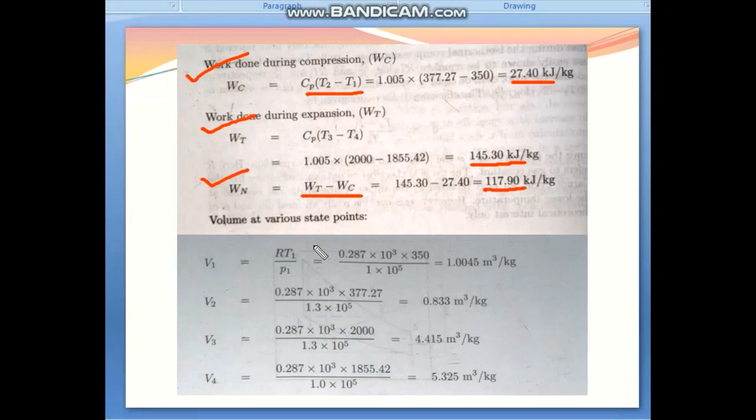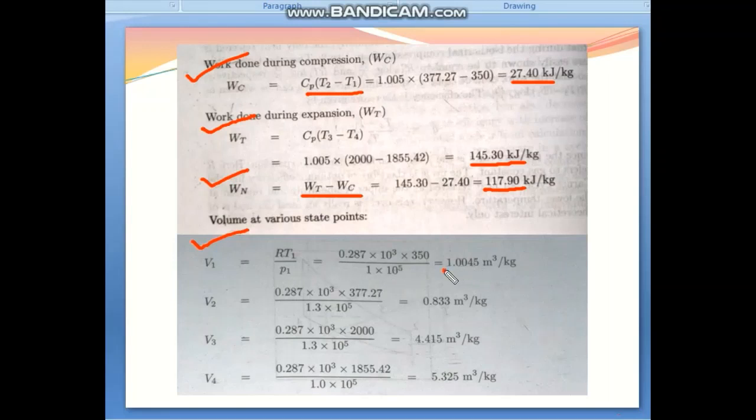Now the volume at the various state points. First, V1 is equal to R T1 by P1. The R value is 0.287 into 10 to the power 3 joule per kg Kelvin, into 350 by 1 into 10 to the power 5, because P1 is 1 bar, that is 10 to the power 5.